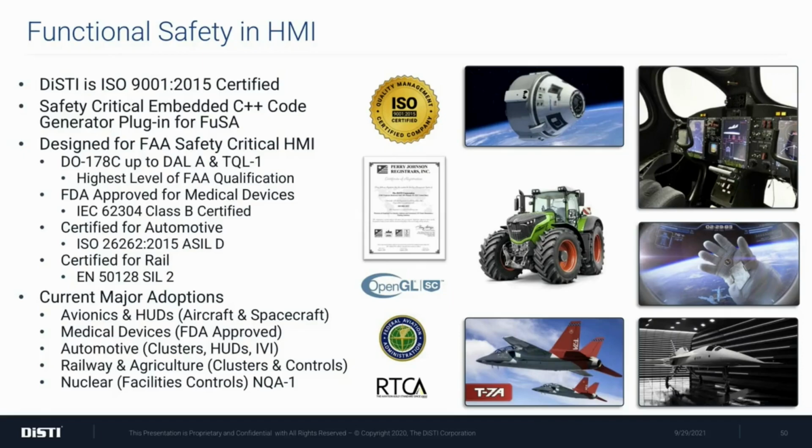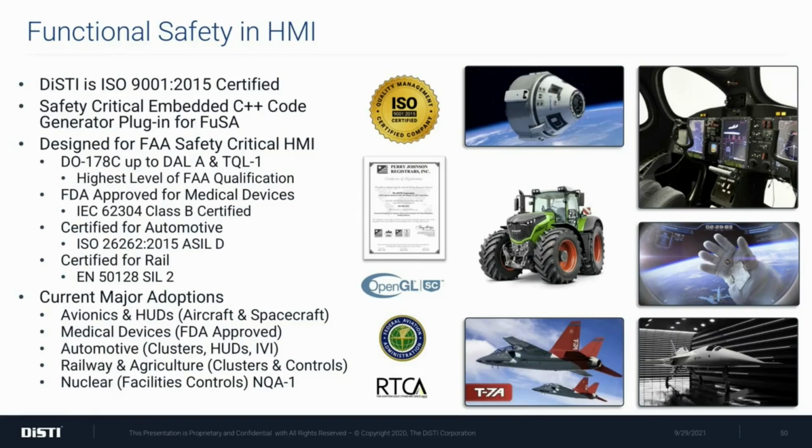So a lot of times we get the question on functional safety. Now, first of all, the DiSTI Corporation is ISO 9001:2015 certified for many, many years. The safety critical code generator that we have was actually designed for functional safety in avionics. So for those of you who are in the aerospace world, you'll be familiar with the DO-178C certification.